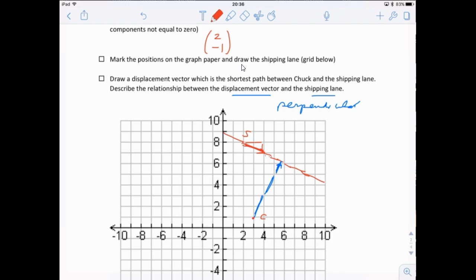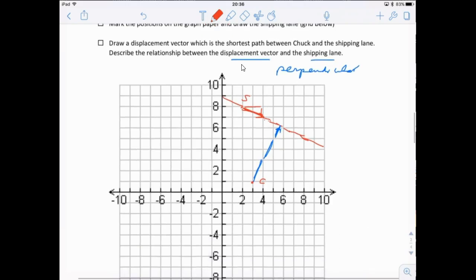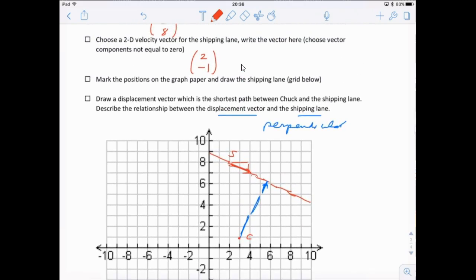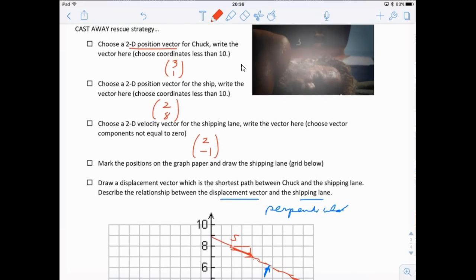Okay? So let's figure out if the vector we drew here is perpendicular to the red vector. So we'll see if the blue vector is perpendicular to the red vector. So in order to do that, what's the red vector? The red vector is the velocity vector of the ship, which is this 2, negative 1.